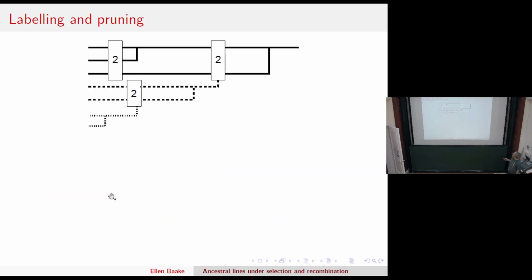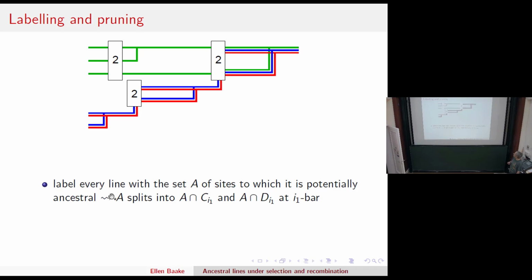And then I can label and prune the graph. With that I mean that I label every line with a set of sites to which it is potentially ancestral. So here I have green, blue, and red for site 1, 2, and 3. And then we need a 2 bar, and that means that the green head is separated from the blue-green tail.